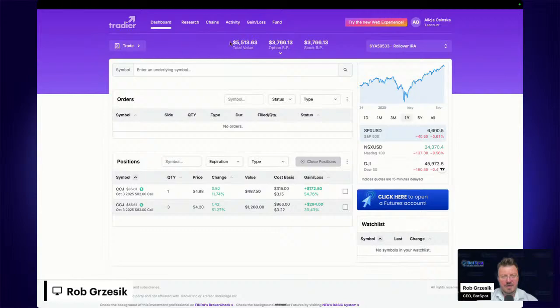We have $5,000 and we have options of $487 plus 1267. So we have almost $2,000, 1754 to be exact, divided by 5521. It's about 30% of my account right now is options inside of CCJ. So it's maybe a little bit more than I would have expected.